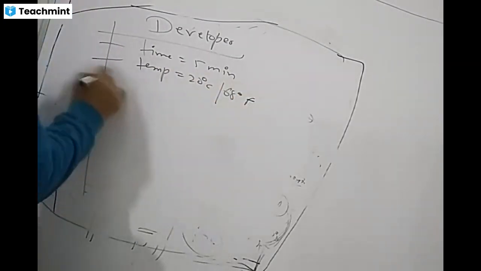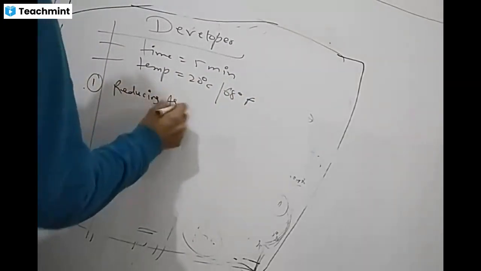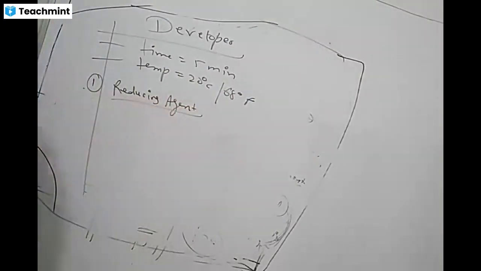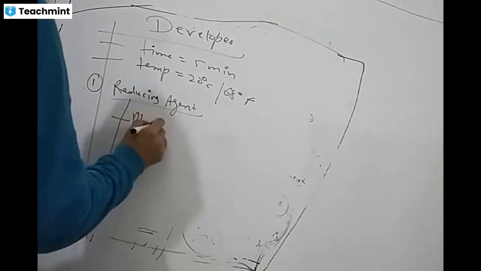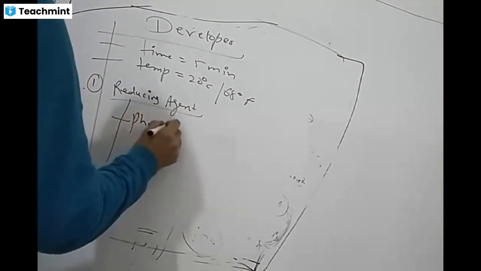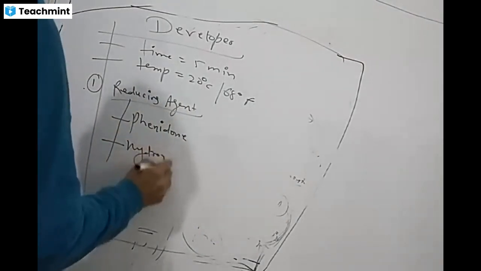The first component is the reducing agent. There are two reducing agents. One is phenidone and one is hydroquinone.